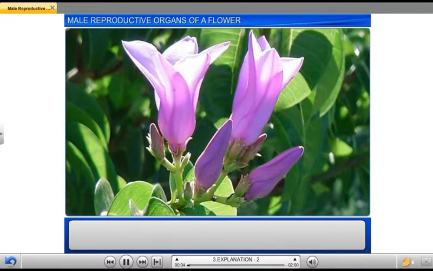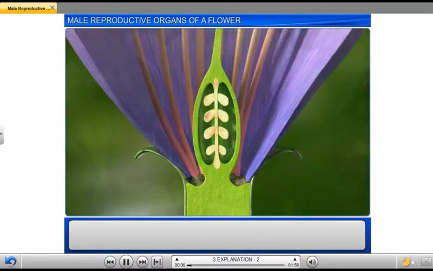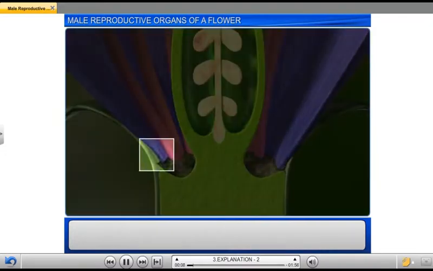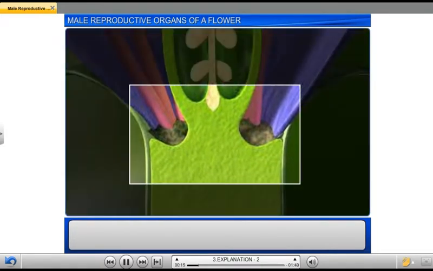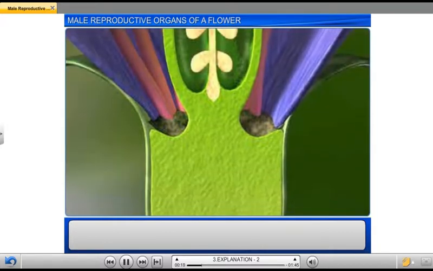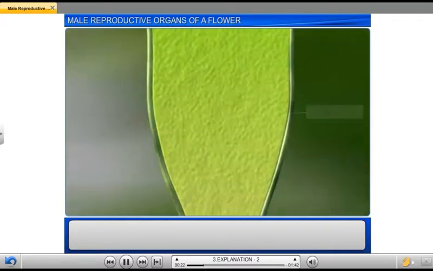The buds bloom into a flower, a modified shoot with shortened internodes and nodes. From these nodes arise 4 modified leaf-like structures called whorls, which are arranged on the swollen end of a stalk called the thalamus.